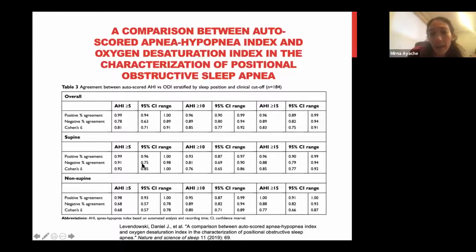Again, they had a high agreement, especially for AHI more than 15, in the 90s, and in the 80s, 0.96, 0.89 here. And if they classified it by position, they were able to distinguish supine versus non-supine too. So this is another study that particularly used automated scoring rather than manual scoring.